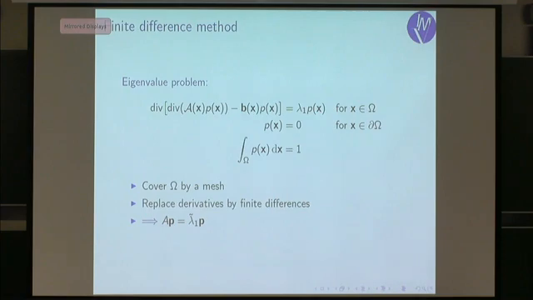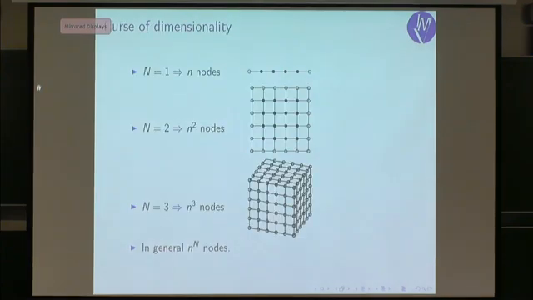Well, the problem is if this domain omega is higher dimensional, as I already mentioned, we are facing the curse of dimensionality. In one dimension, it's pretty simple. If we want some accuracy, we define some mesh size, introduce the mesh, solve it, and that's it. If we want to keep this accuracy in 2D, we need n squared nodes in our mesh. If we want to do it in 3D, we need n cubed nodes, and so on.